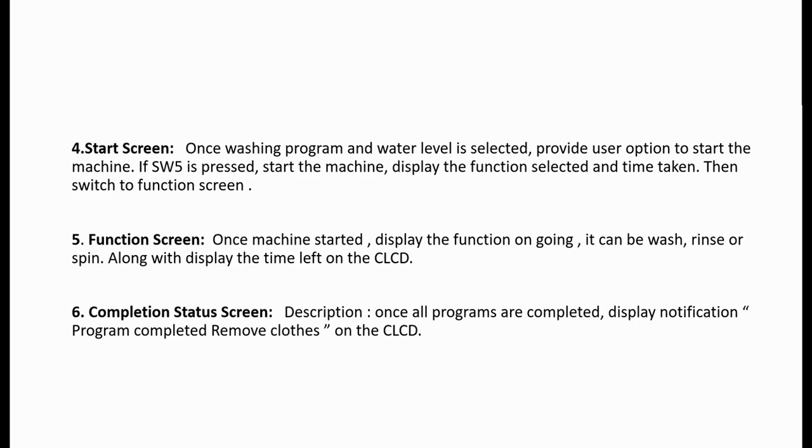Requirement number 4 is the start screen. Once the washing program and water level are selected, provide the user an option to start. If we press switch 5, start the machine, display the function selected and the time taken, then switch to the function screen.